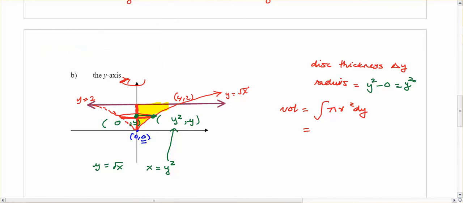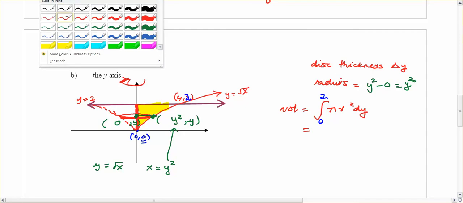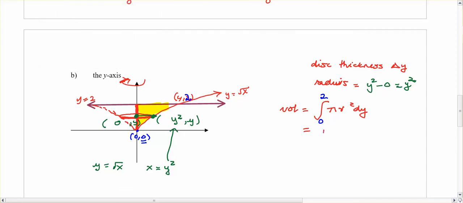So the y starts at 0 and it goes to 2 in this case, 0 to 2. So I've got to take the pi outside, limits 0 to 2. What is little r squared? r is y squared. So this is the integral from 0 to 2 of y to the 4th dy, etc.